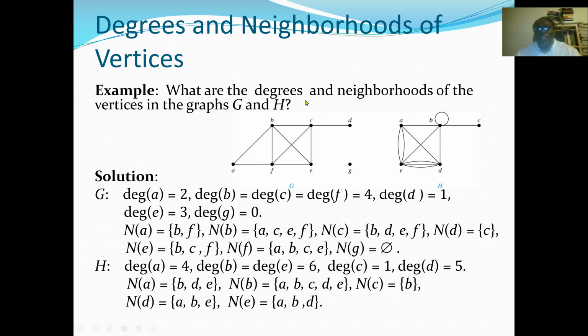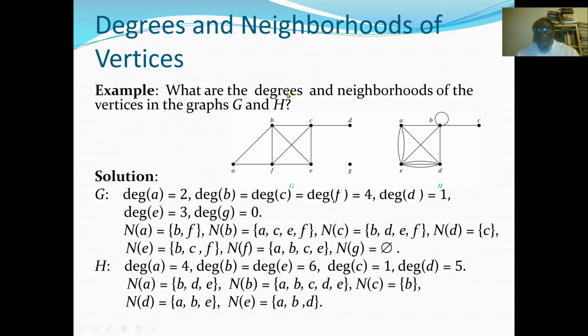Here we ask: what are the degrees and also the neighborhoods of the vertices in graphs G and H? Now we know what degree means, especially in an undirected graph. These two graphs are undirected; there is no arrow indicating which vertex the edge is going towards. So this is an undirected graph.